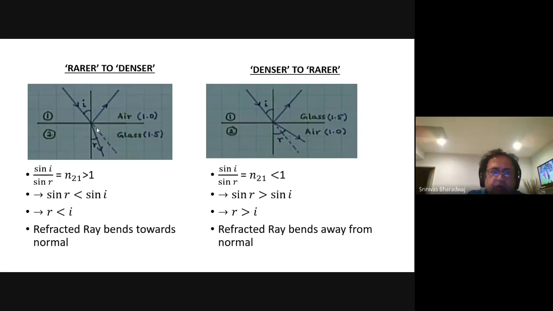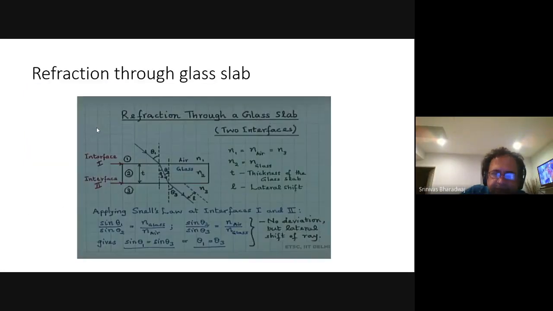Okay. So now when you go through a glass slab, what happens? Because Snell's law applies both ways, the angle theta1 will equal the angle theta3, and the angle theta2 will be the same here.